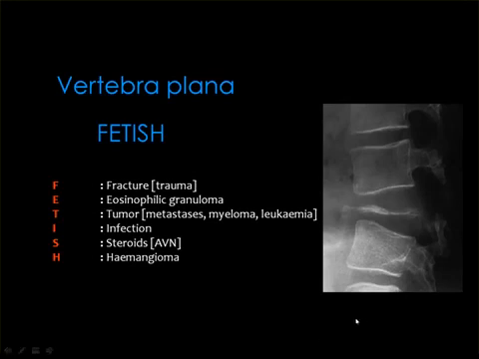It is not just leukemia which can cause this, but there are a lot of causes, and you can remember them by this abbreviation: FETISH, fracture, eosinophilic granuloma, tumor like metastasis, myeloma, and the leukemia, infection, steroids due to avascular necrosis, we have mentioned this, and hemangioma.